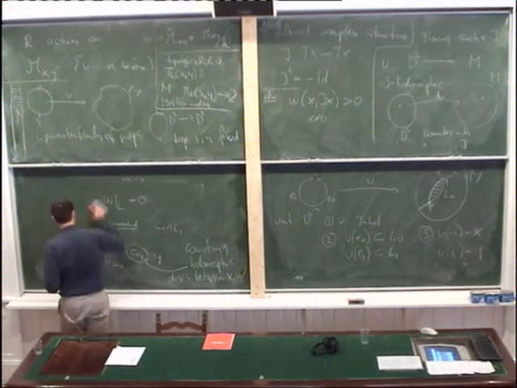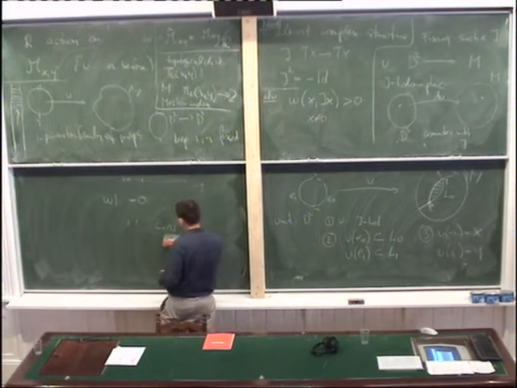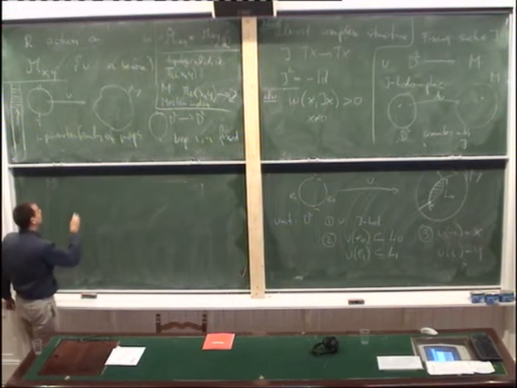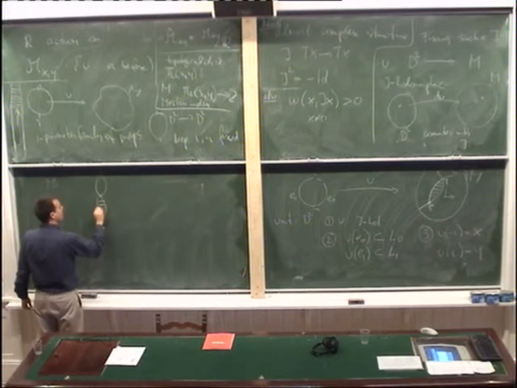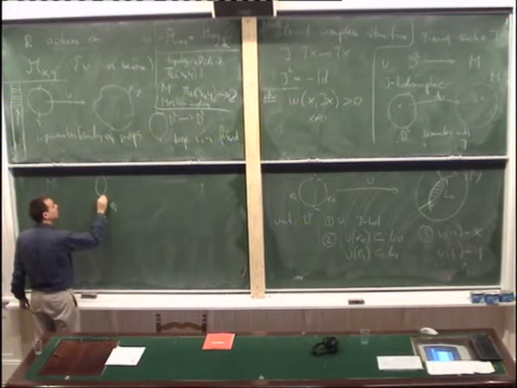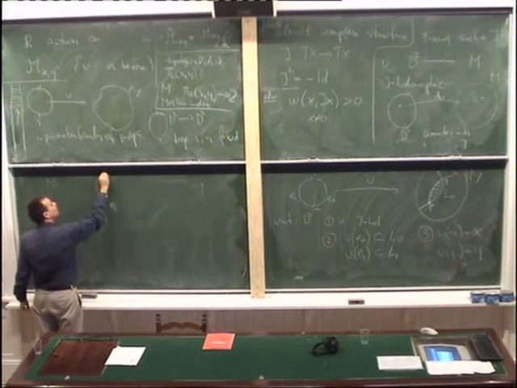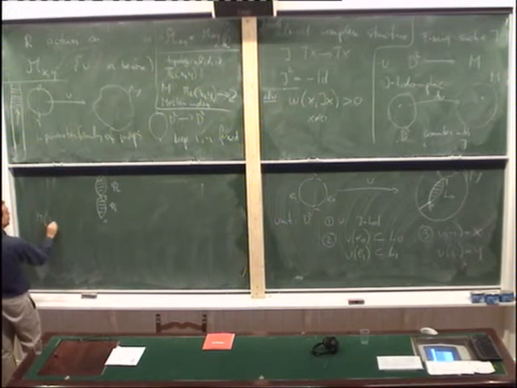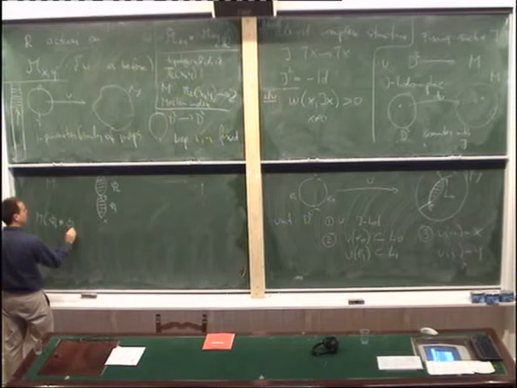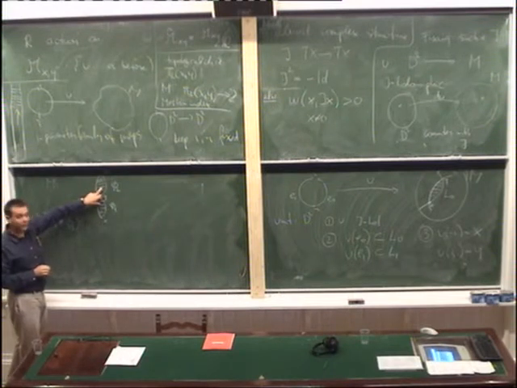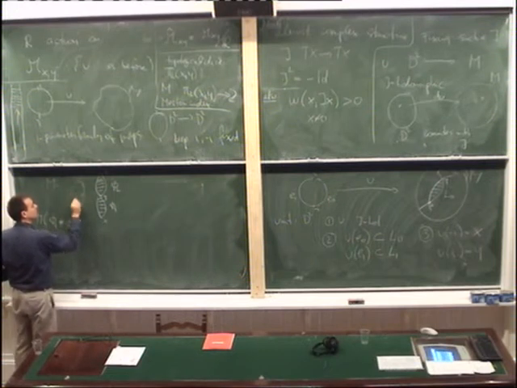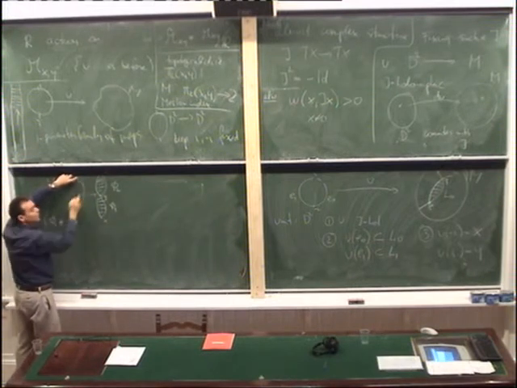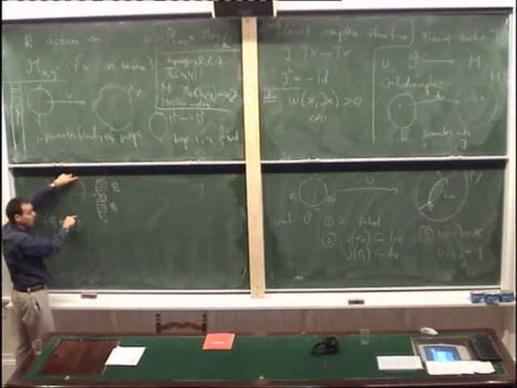that satisfies some nice properties. I guess it's additive, so if I have a disk phi1 connecting x to y, and I have a disk phi2 connecting y to w, then the Maslov index of phi1 glued together with phi2, if I glue these two disks together, then I will get a disk where this point maps to x, this point maps to w, and the left side maps to L0 and the right side maps to L1.